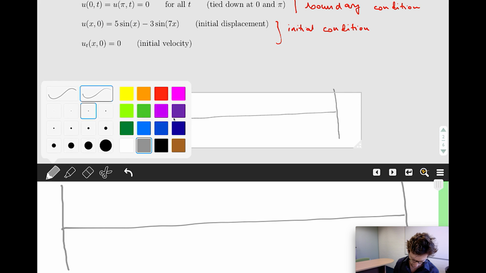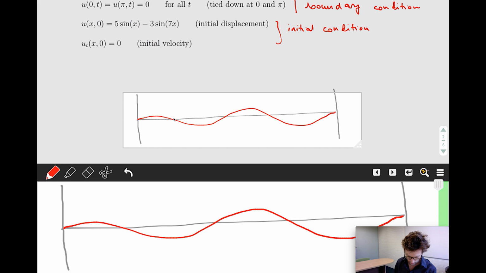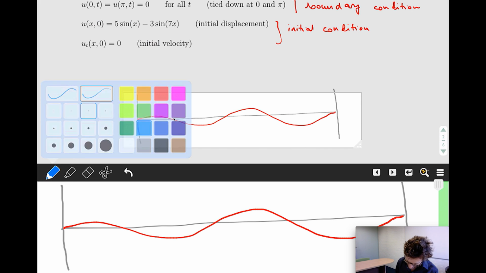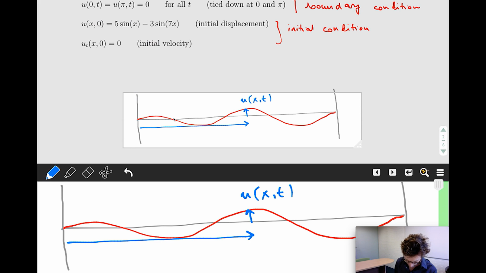And that's going to be a function of both time and space. So we could imagine this string as being deformed in the following way. And at any moment, the vertical displacement is going to be given by u of x and t. So x is the distance along the string, and t is the time.